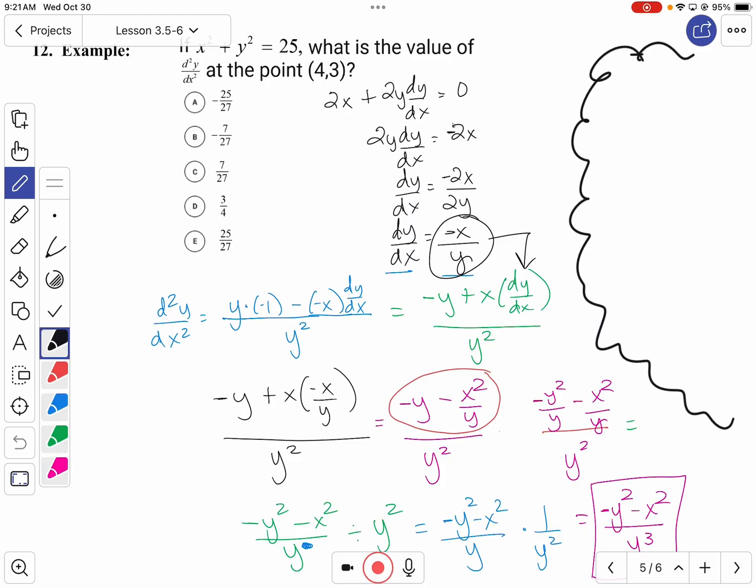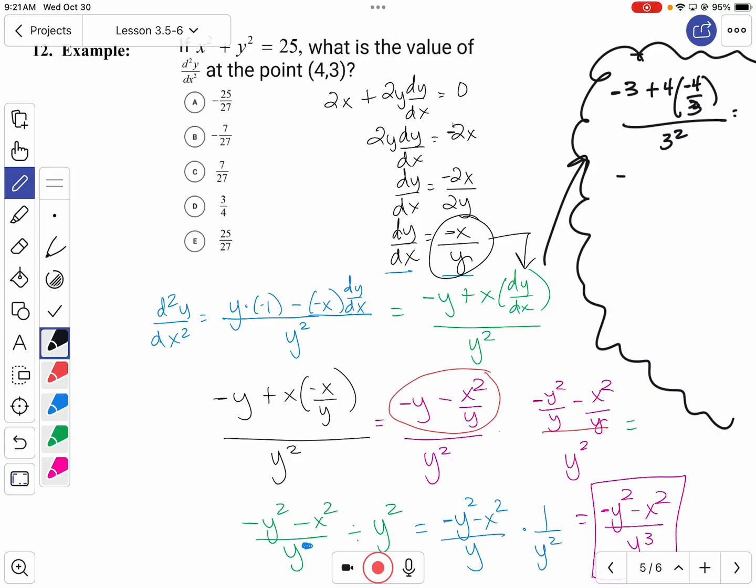My second derivative says I take negative y, so my y was 3, so negative 3, plus my x value, which is 4, times dy/dx. Well, dy/dx was negative x over y, so negative 4 over 3. And I'm going to divide it by y squared, so 3 squared, because we just want a numerical answer.